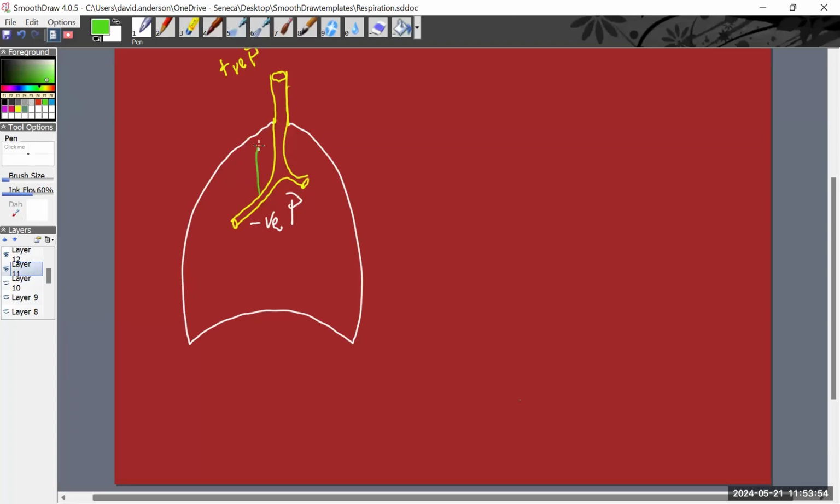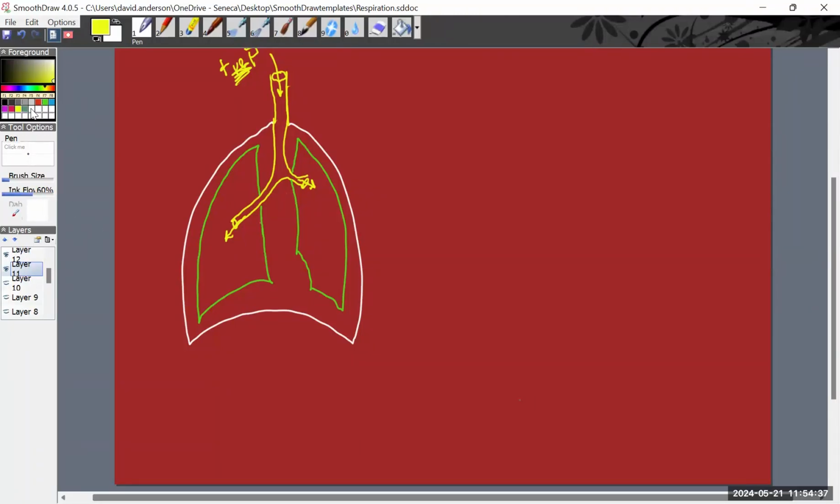So what that means is that the positive pressure, okay, the positive pressure is going to come from those airways that are receiving the positive pressure air and keeps the lungs inflated.